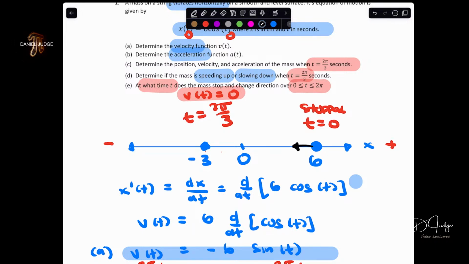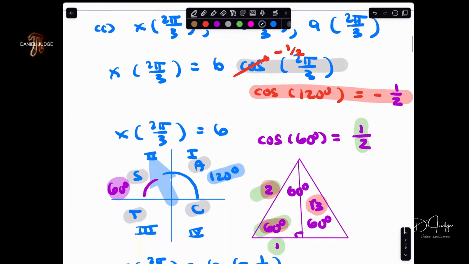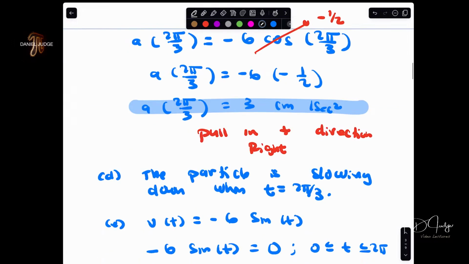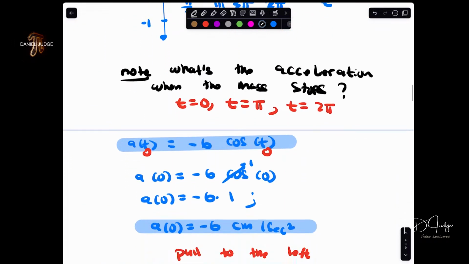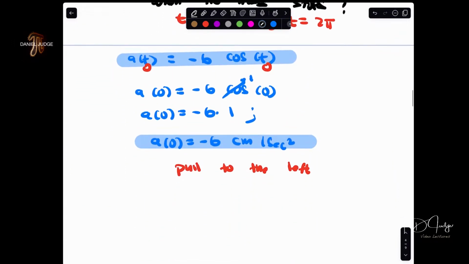In fact, we know that it stopped at pi. So even though it's pulled to the left, I can safely say your particle's moving in that direction, and I'll leave the pull in black. So I'm just going to say, hey, it's being pulled in the direction toward negative 3, you guys know. So that's kind of the idea here. It's being pulled in that direction. Okay. And that's why it's very popular to ask these kind of questions.